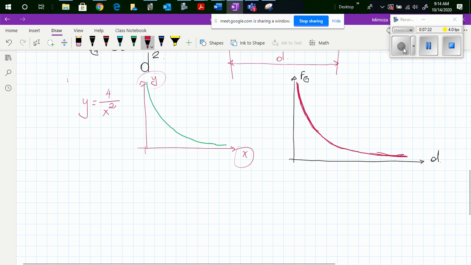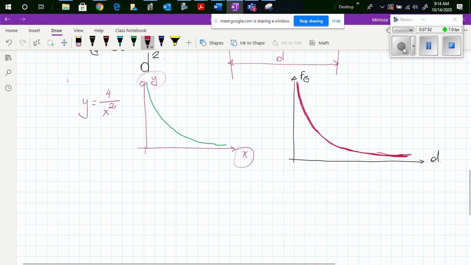It approaches infinitely without touching it, without touching the horizontal nor the vertical axis. However, in physics, we do not work with a graph that has a shape, just the straight graph. So we don't prefer to have a graph that is a curve or a quadratic or so on.